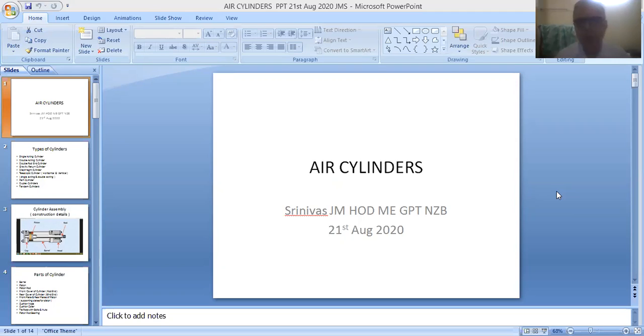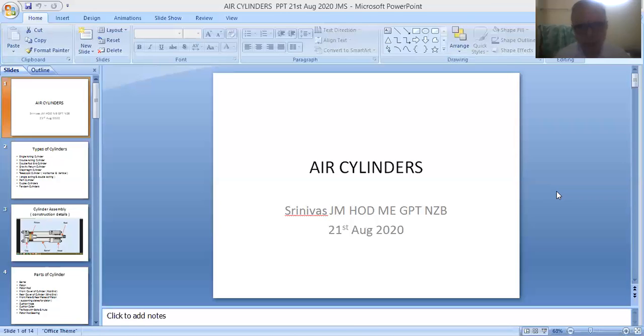So let us note down the construction and arrangement of various cylinders used in different situations.